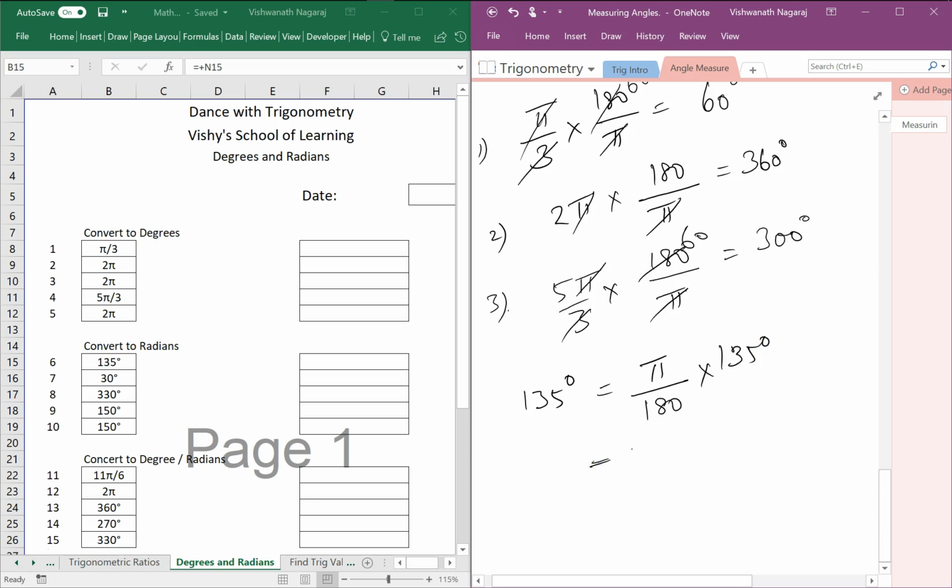Now simplify it. 5 2s are 10, 5 7s are 35, 5 3s are 15, 5 6s are 30, 9 3s are 27, 9 4s are 36. So this is 3 pi by 4.